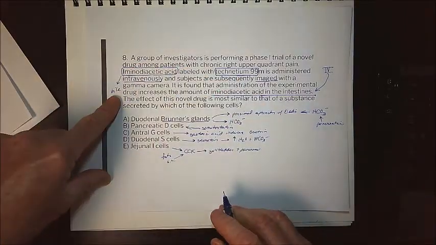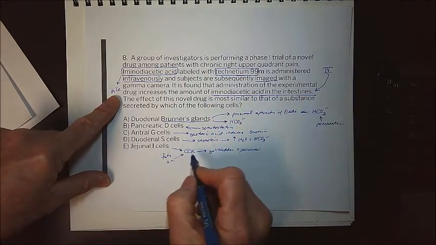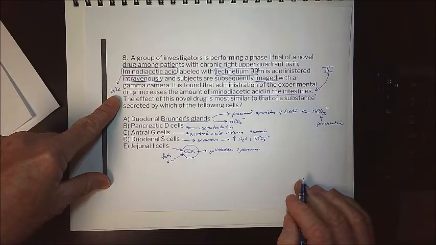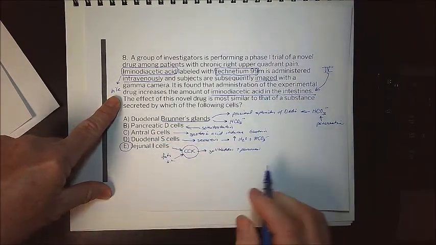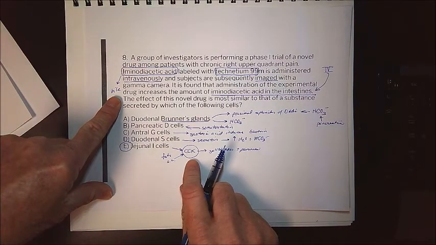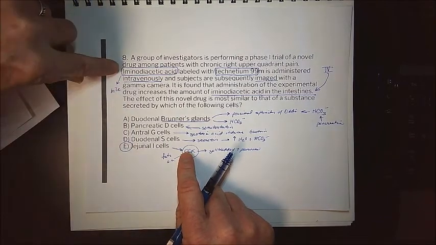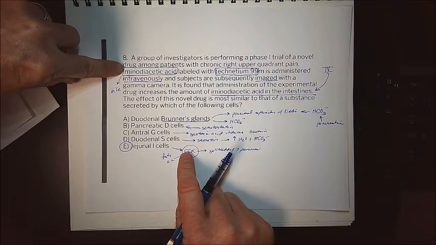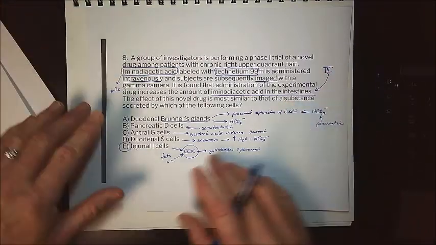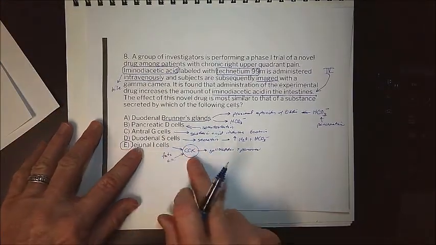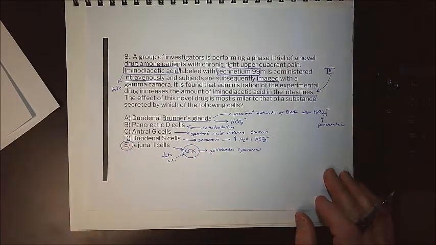It goes to the gallbladder, and how do we get it from the gallbladder to the intestines? CCK. So under this condition, it looks like choice E is correct, because CCK is the primary hormone of all of these choices that is going to relocate this drug from the blood into the intestines. So this is looking at the effect of the hormone and the path that these hormones are involved in.